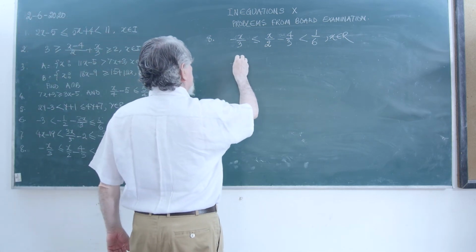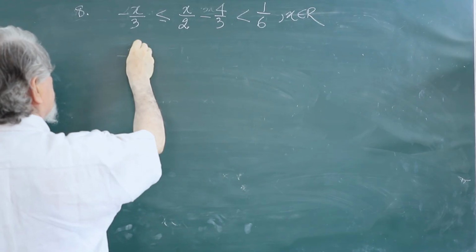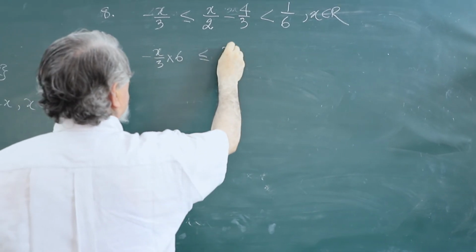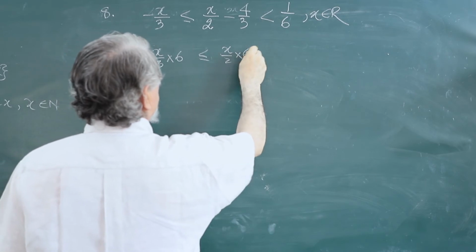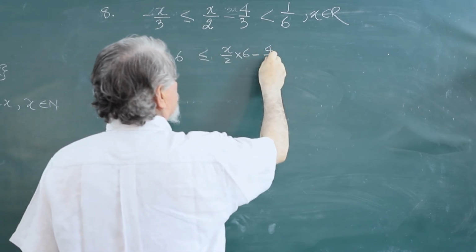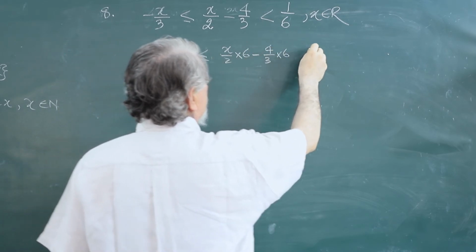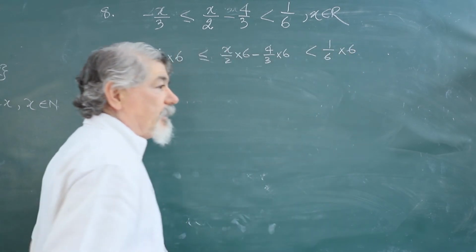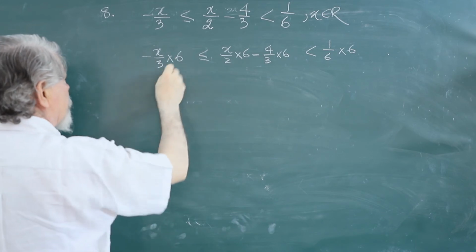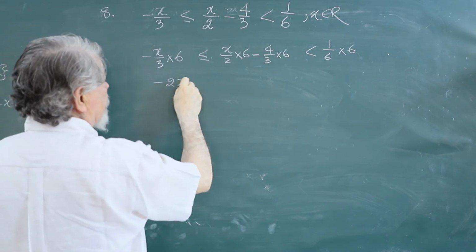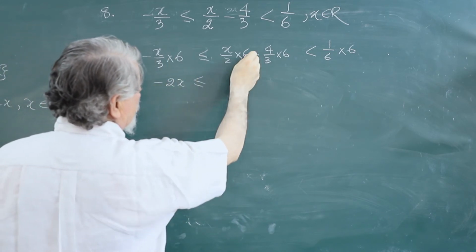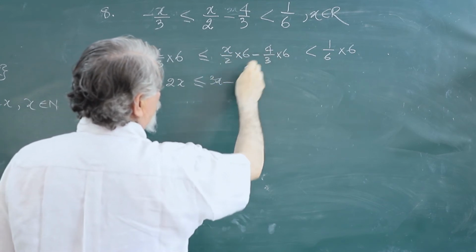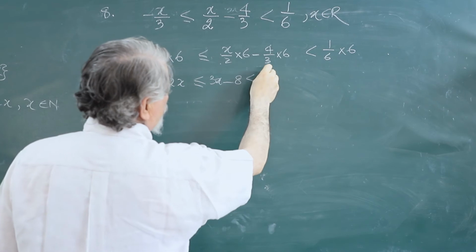So minus x upon 3 into 6 is less than or equal to x upon 2 into 6. I am multiplying with a positive number, so there is no change in the inequality. I am multiplying everything by 6. 3 2s are 6, it becomes minus 2x less than or equal to x, 2 3s are 6, 3x, 3 2s are 6, 2 4s are 8, less than 1.